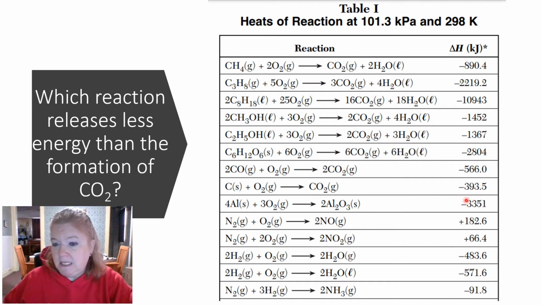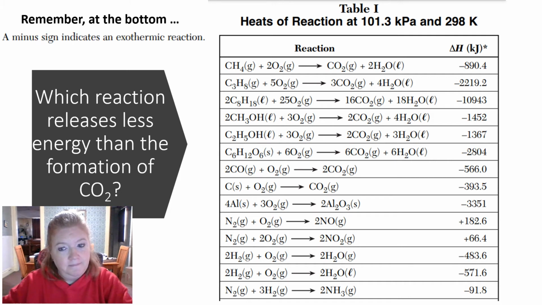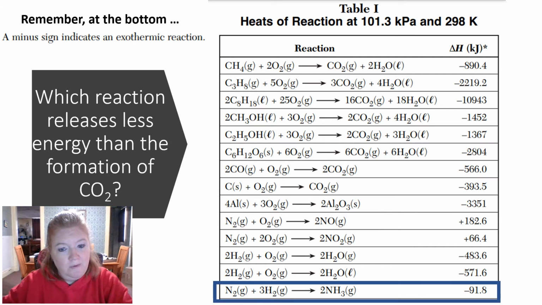It releases 393.5 kilojoules of heat. I want to find something that releases less than that. So I'm looking for a smaller number than negative 393.5, but it has to be negative still. It can't be positive. So right there, that's the right answer.